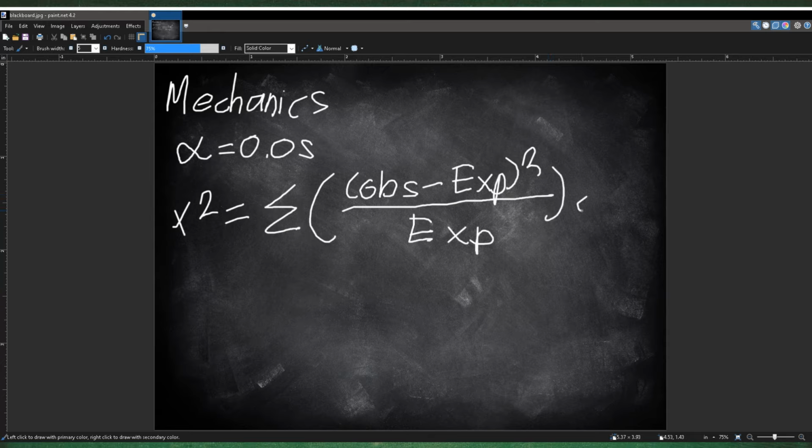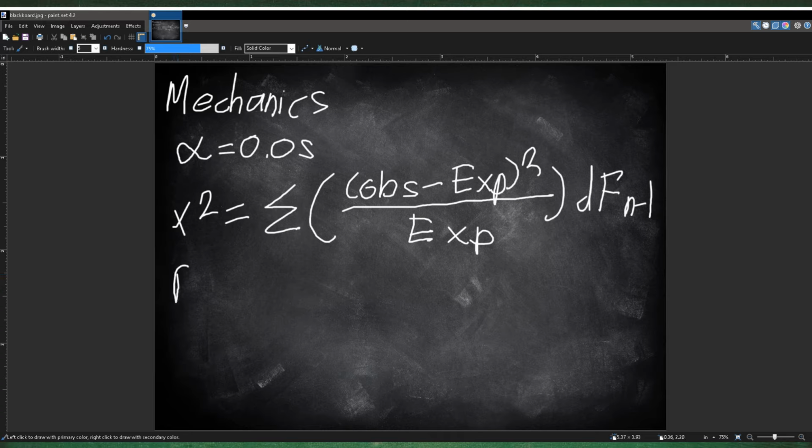And this has a degree of freedom of n minus 1. So how many categories you have minus 1. In our example of red, blue, and green, that's 3, so n is equal to 3, so 3 minus 1 is 2. So we have a degree of freedom of 2, for example. And then we use this to get a value for x squared.